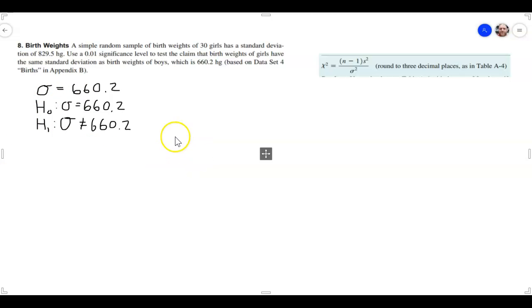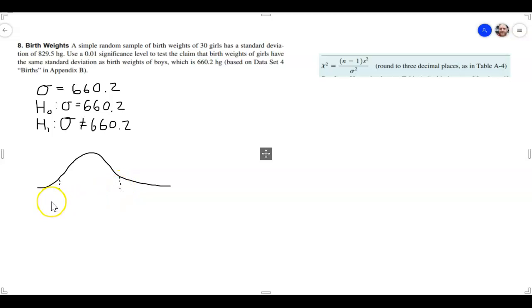All right, so the first thing that I want to do is set up our bell curve. Remember, the chi-square distribution is a right-skewed curve. It looks something like this. And this is a two-tailed test, like this.